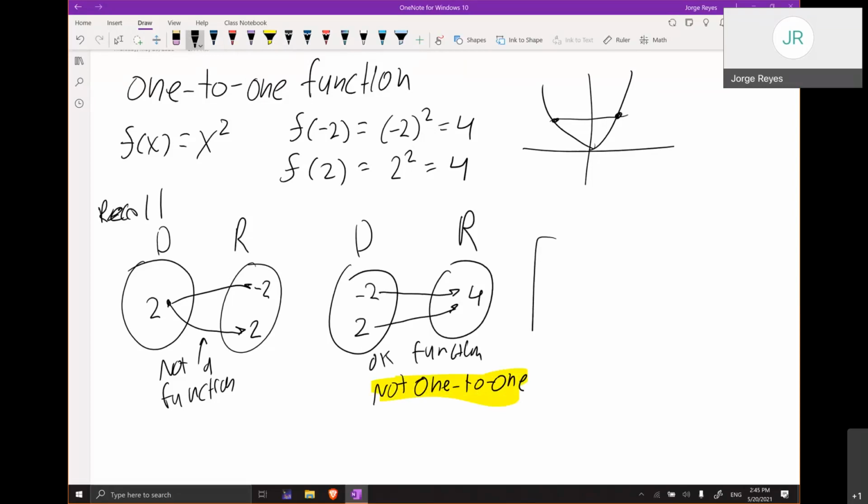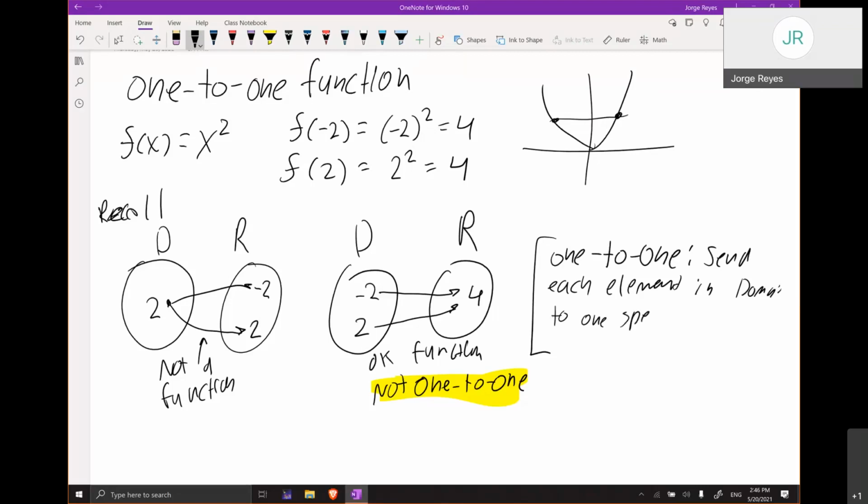So one-to-one specifically, is that you send each element in the domain to one specific element in the range.